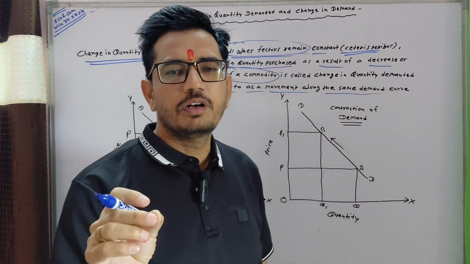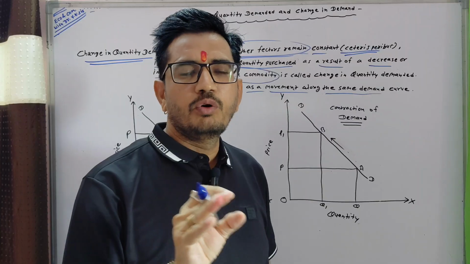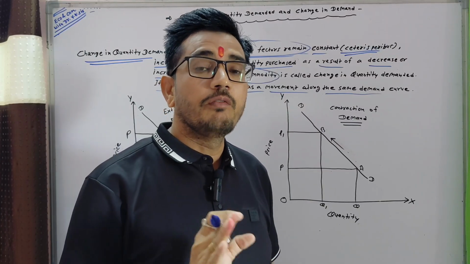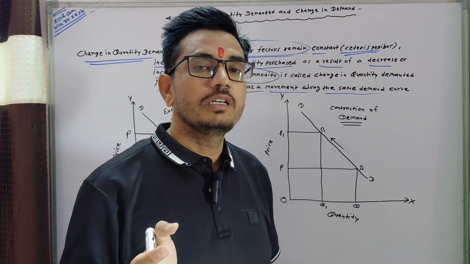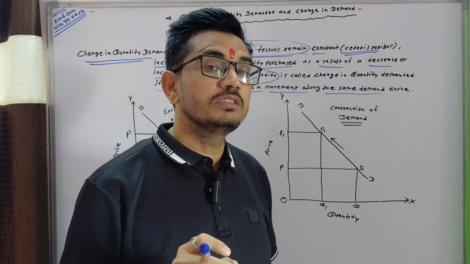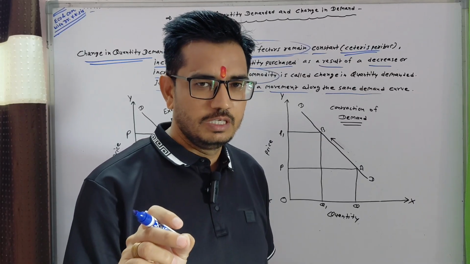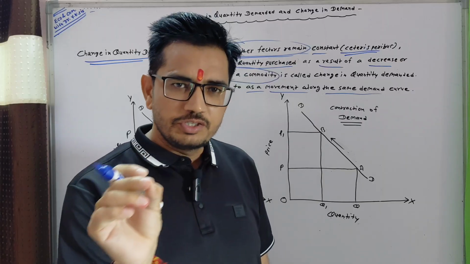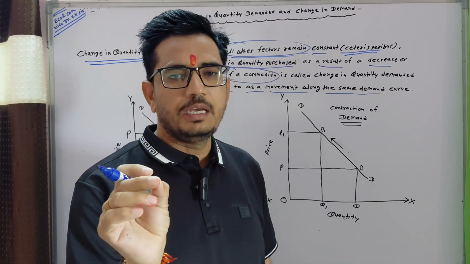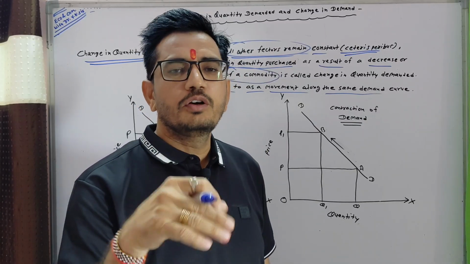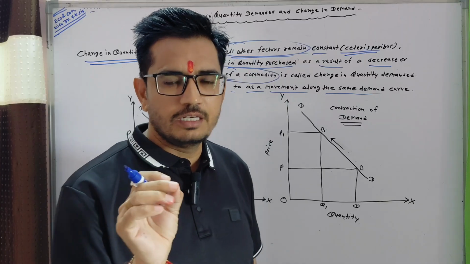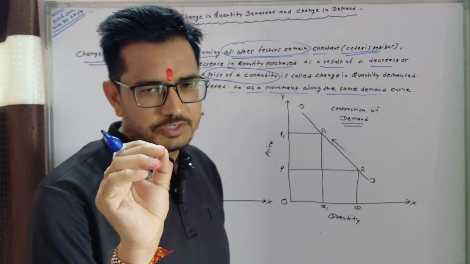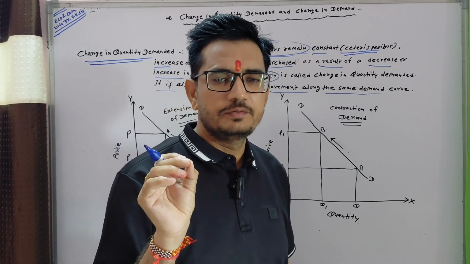There is no other demand curve shifting. There is only movement on the same demand curve. We can say a point is moving to another point. That is change in quantity demanded.